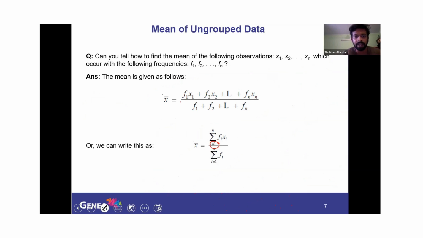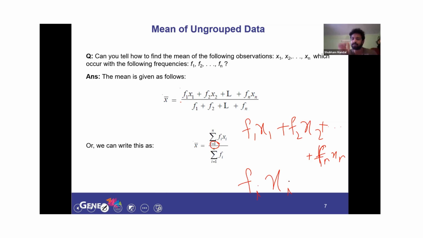Because it is f1 x1 plus f2 x2 and so on till fn xn, instead of writing this big formula, I can write fi xi, where i is an integer, a whole number, where i goes from 1 to n. i equals 1 is the starting value, and the last value you write on top of the symbol, that is n.